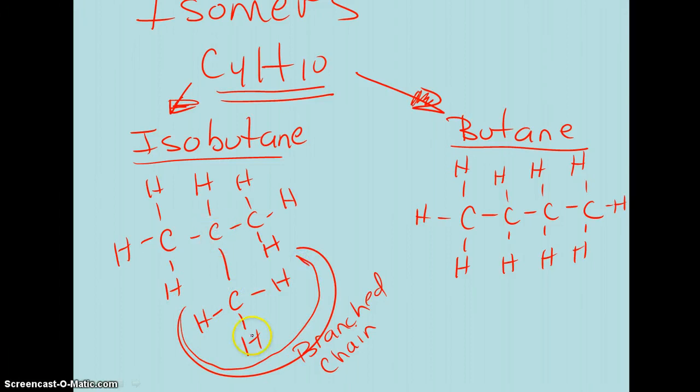See how it just kind of shoots right off of there? But butane is a strict straight chain. Straight as an arrow. 1, 2, 3, 4 carbons attached with our 10 hydrogens. Structurally, very different. They're drawn different. But again, same formula, different structures is an isomer. And this is a great example of that, okay?